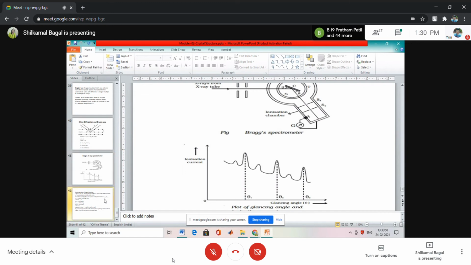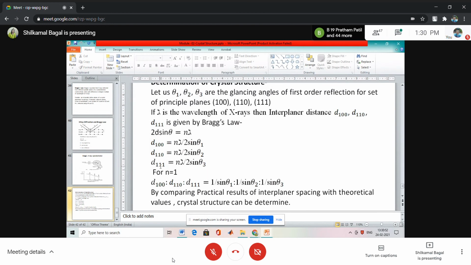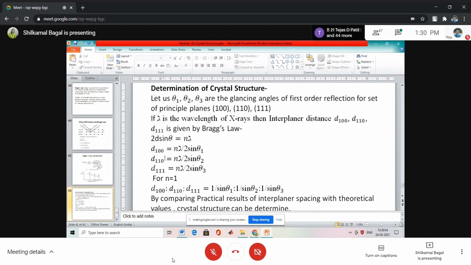We can observe that just by rotating the turntable and observing the current through the galvanometer. Otherwise, we cannot see the crystal structure and crystal planes. Theta 1, theta 2 and theta 3 are the glancing angles of first order reflection for the set of principal planes 100, 110 and 111.